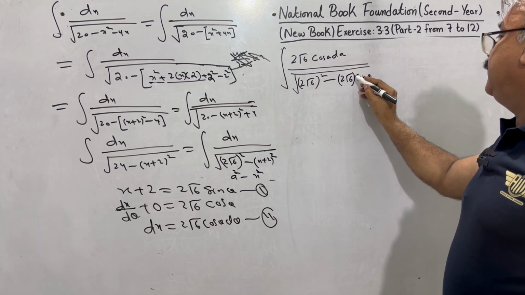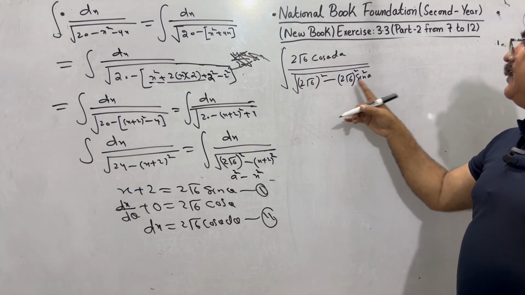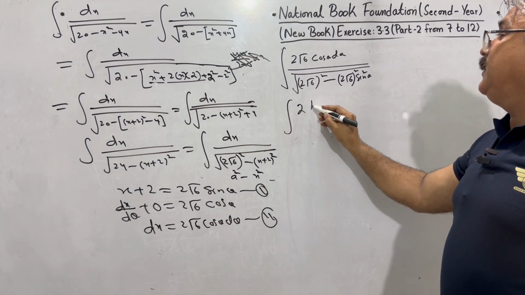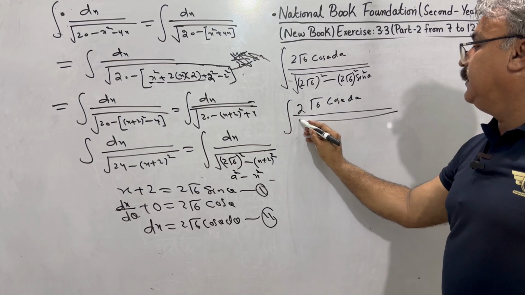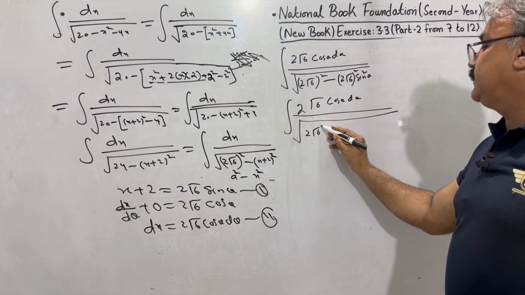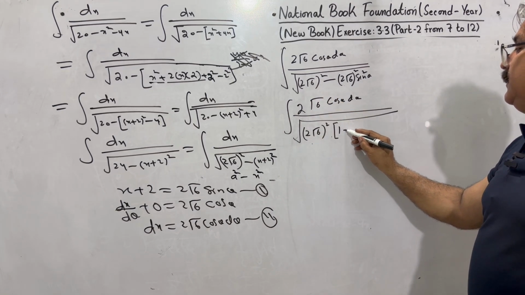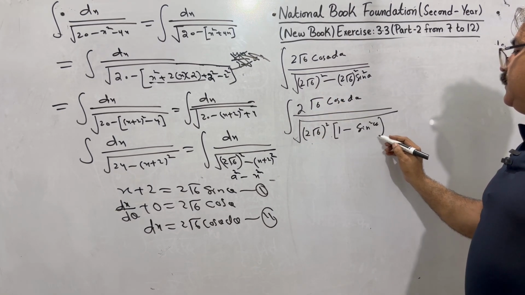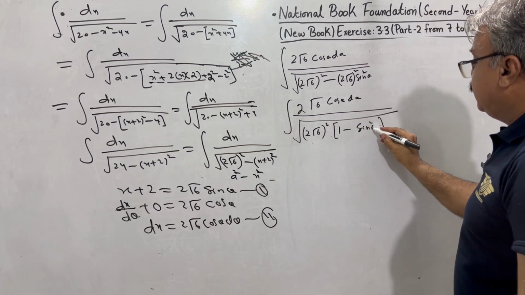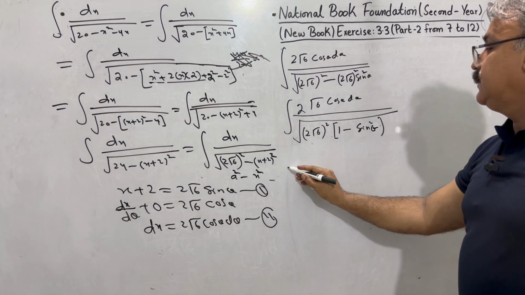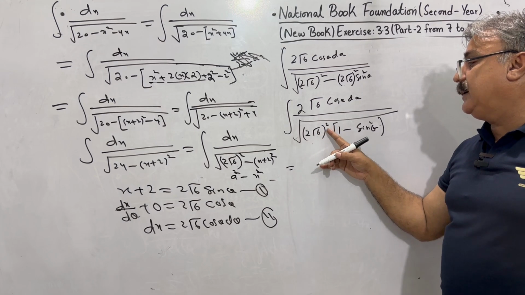Okay, give me the square separately. Taking 2 times root 6 square common from the square root, what remains here? 1 minus sine square. 1 minus sine square is equal to cos square. So what is the root of 2 times root 6 square?